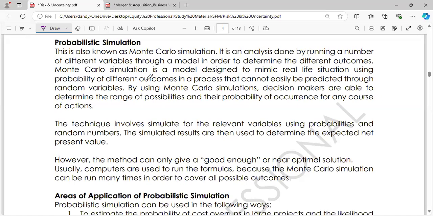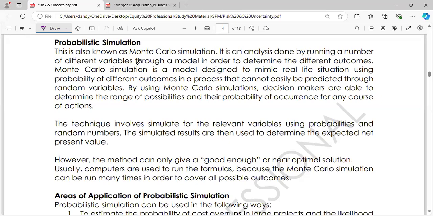So you are picking cash flows randomly. It may well be that the highest revenue may not be selected because your selection is based on the random numbers. Therefore, simulation cannot produce an optimal solution, but near optimal or good enough.